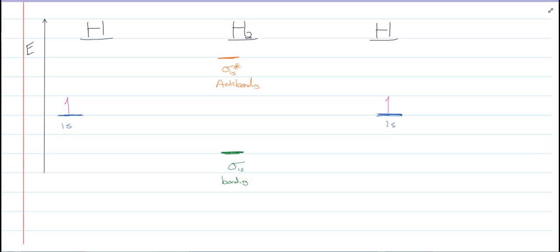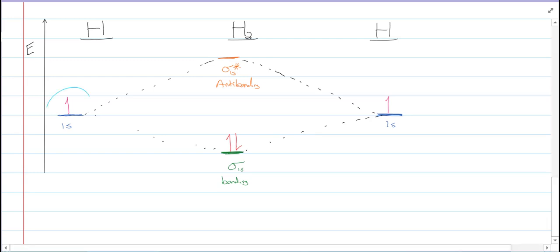A lot of times you'll see these little dotted lines to let you know that these orbitals are those two that are mixing. And so what happens here is these two electrons each go now into the molecule down there. Why do we do that? This electron's going in, and this electron's going in.